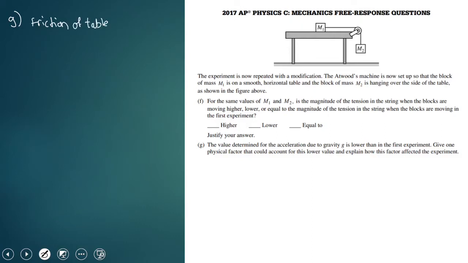So one factor that could account for this lower value is the friction of the table. Why? Because then our F net becomes m2g minus the force of friction of the table acting on 1. And so because of that, we have a lower acceleration.